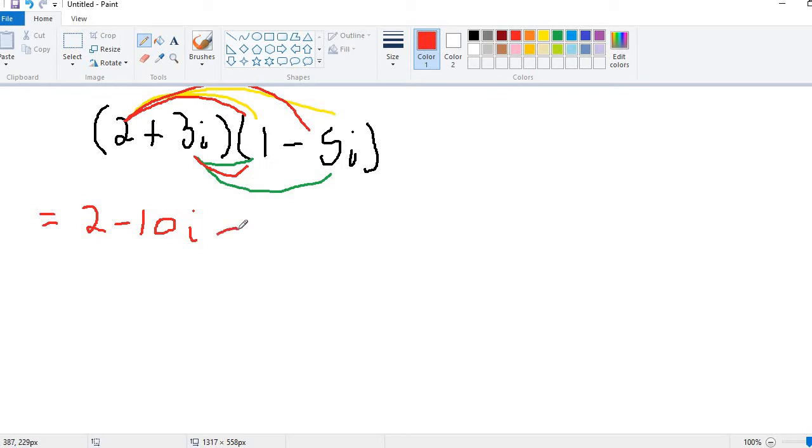I told you that anything multiplied by 1 is that number. And then positive 3i times negative 5i, it's negative 15i squared. So now look at this. What do we have here? We have like terms.